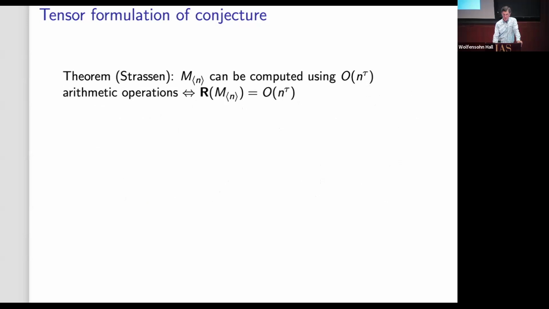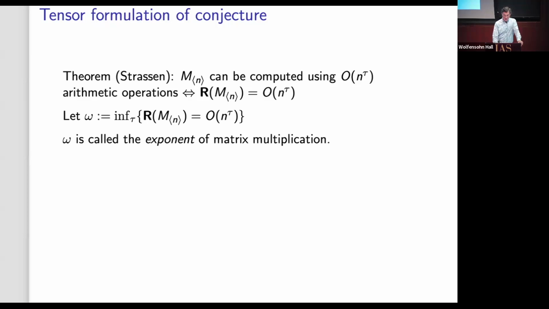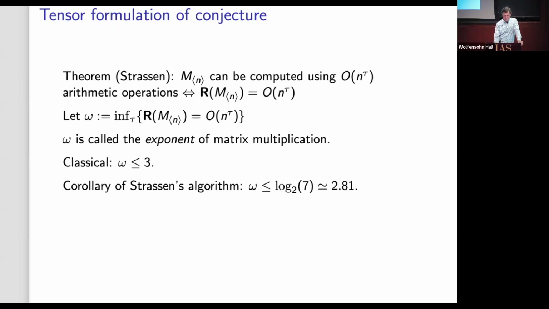You can recover the exponent from it. Oh, let me define the exponent. This is the growth of the complexity of multiplying matrices. Classically, you get at most 3. Strassen's algorithm gives at most 2.81, and the astounding conjecture is that it's 2.